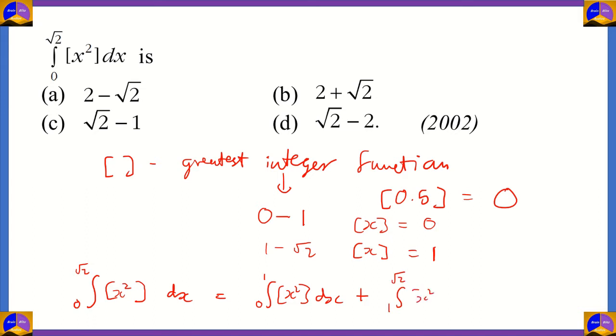As we noticed, from 0 to 1, the value of the greatest integer function will always be 0. And for the next half, from 1 to root 2, the greatest integer function will always show a value of 1. So you can write 1 dx.